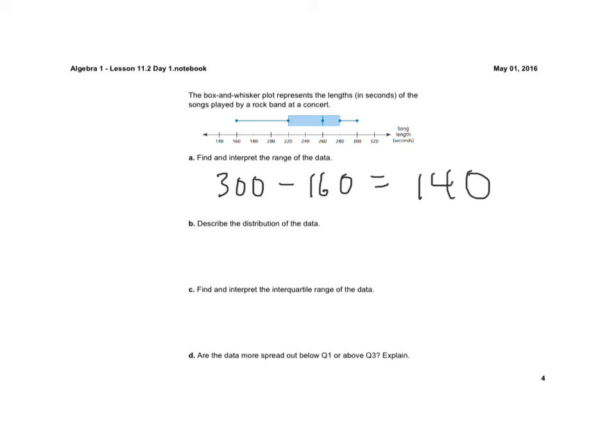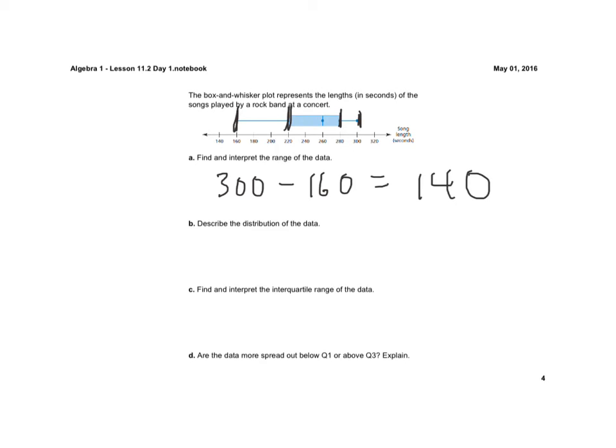Describe the distribution of the data. Well, it looks like from my least to my Q1 it's pretty spread out, since that ranges from 160 to 220. The upper part is pretty close together.